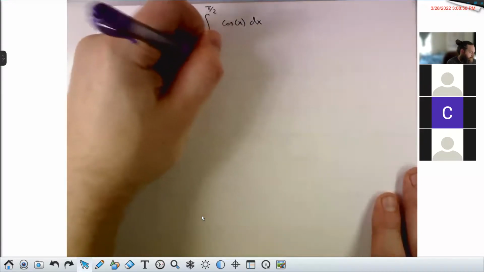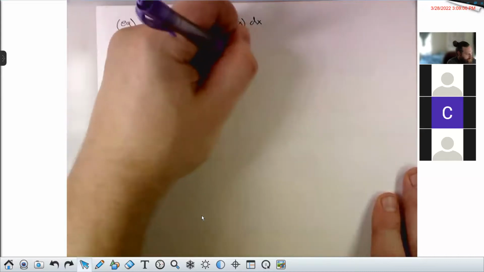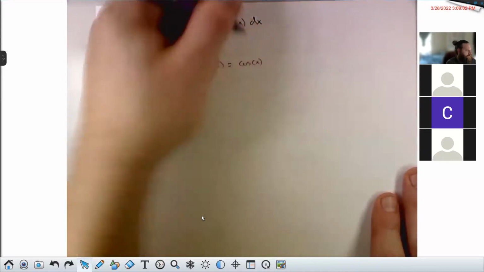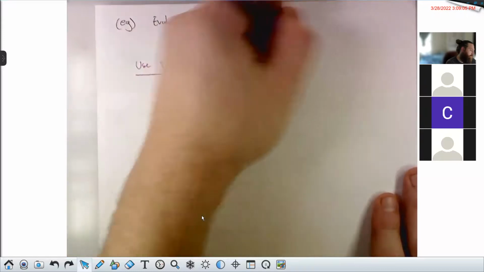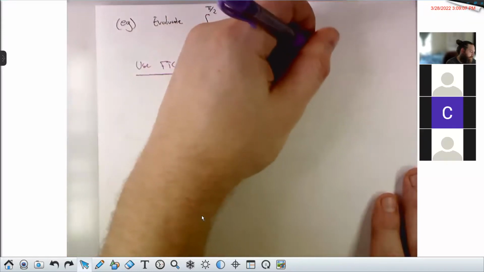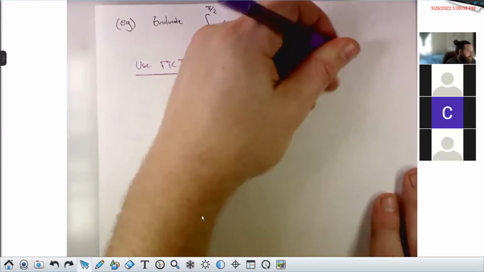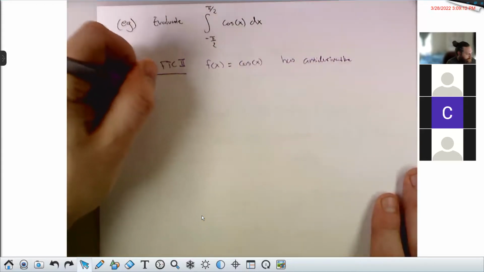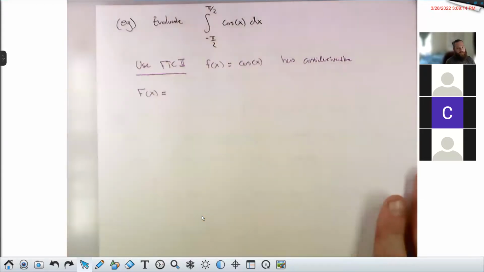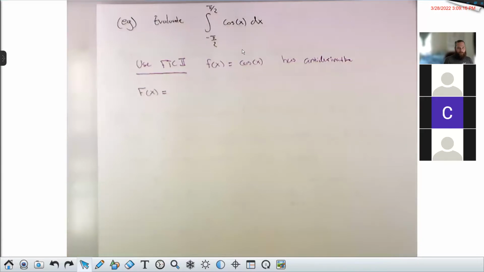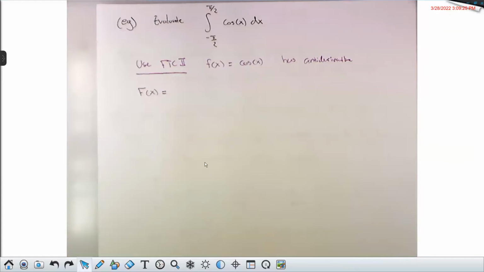My little f of x here is cosine of x. This has antiderivative big F equals what? What function can I differentiate to get cosine? Sine.